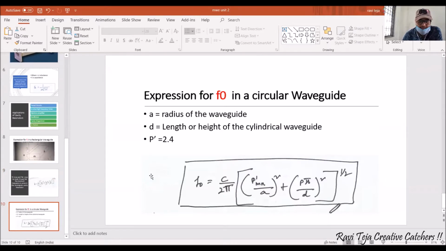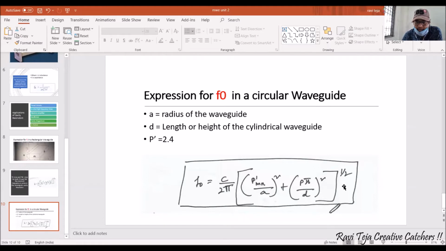This is the expression for a circular cavity resonator. Let us say we are using a circular cavity resonator. The operating frequency F naught equal to C by 2 pi into square root of (P dash of MN divided by A) whole square plus (P pi by D) whole square.